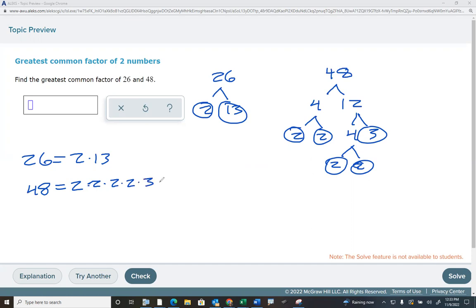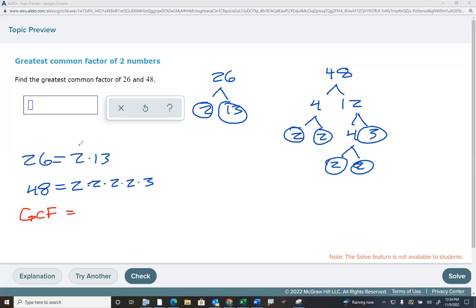So the greatest common factor of these two numbers is going to be found by doing this. I just take what they have in common, because again, it has to be a factor that works for both of them.